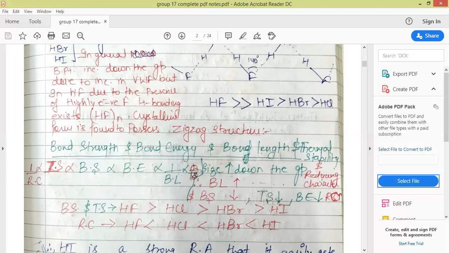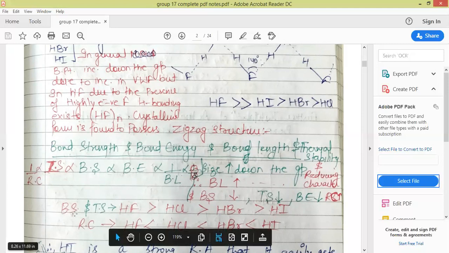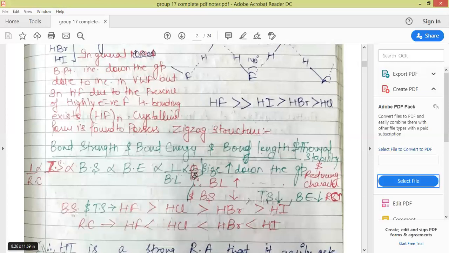As the bond length increases, bond strength decreases, as bond length and bond strength are inversely proportional to each other. So if bond strength decreases down the group, it is easy to break the HX bond. Here X represents the halogen.